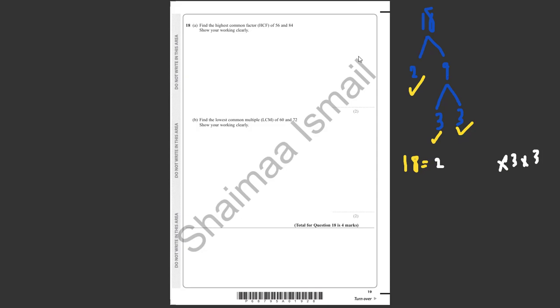Just leave a space for the 84 here. So say that is 84. We'll cut it into 2 first of all. An even number, it will be 2 times half of this, which equals 42.